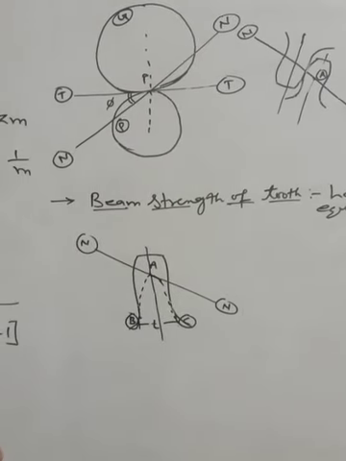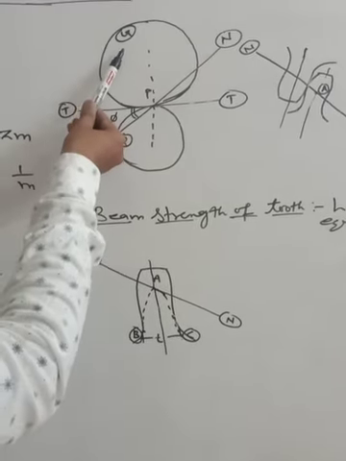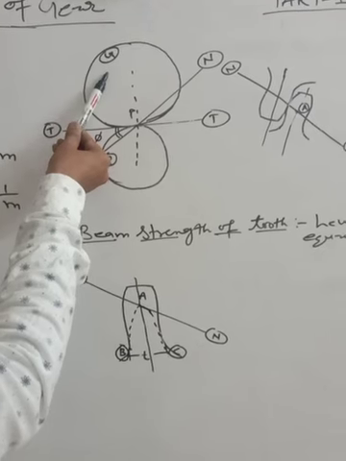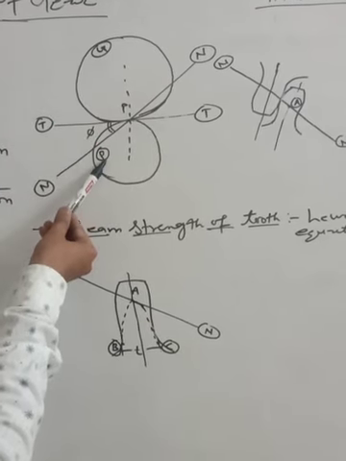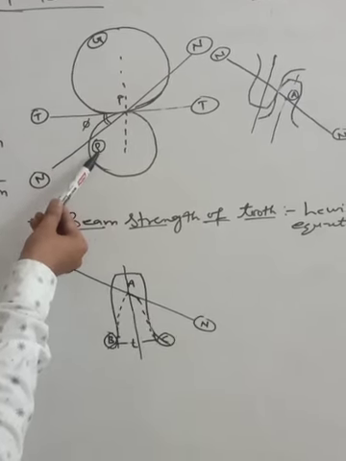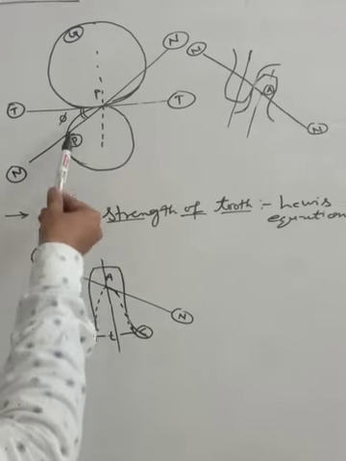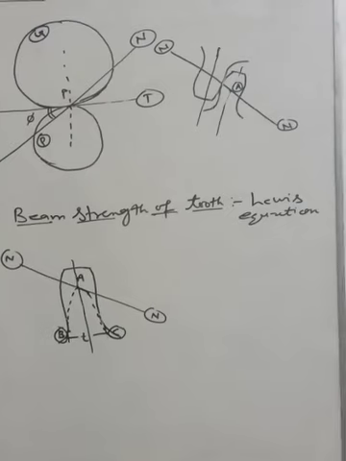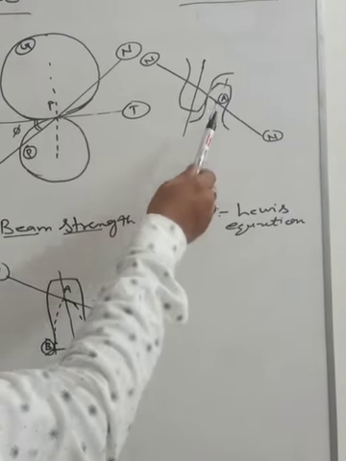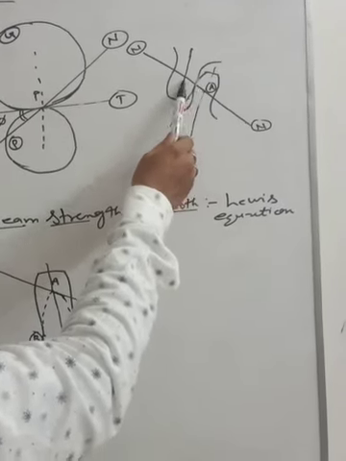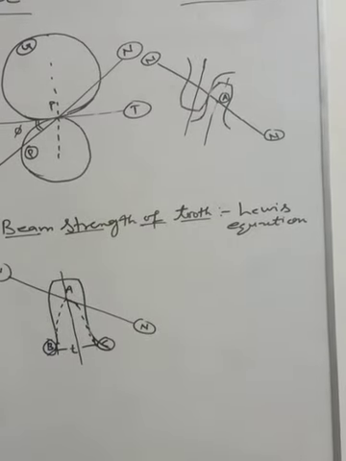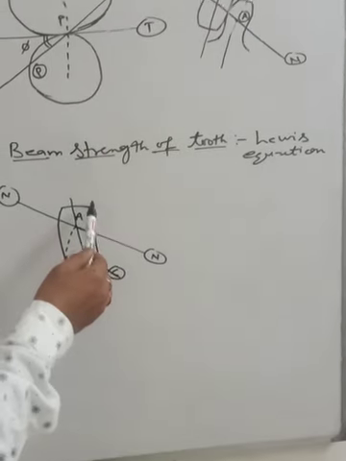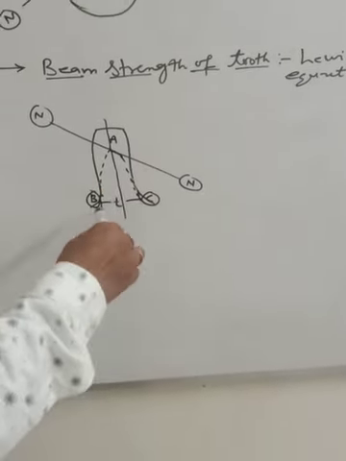If the larger wheel has larger teeth and the smaller wheel has smaller teeth, then our weakest section is the pinion. That's why Lewis uses only a single tooth to carry the load, and that's why we are designing this single tooth.